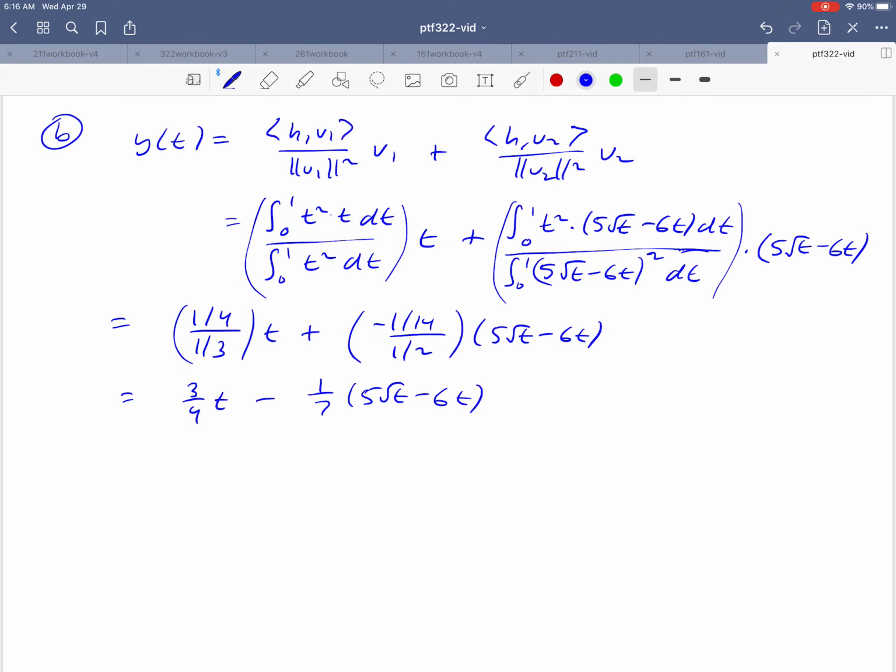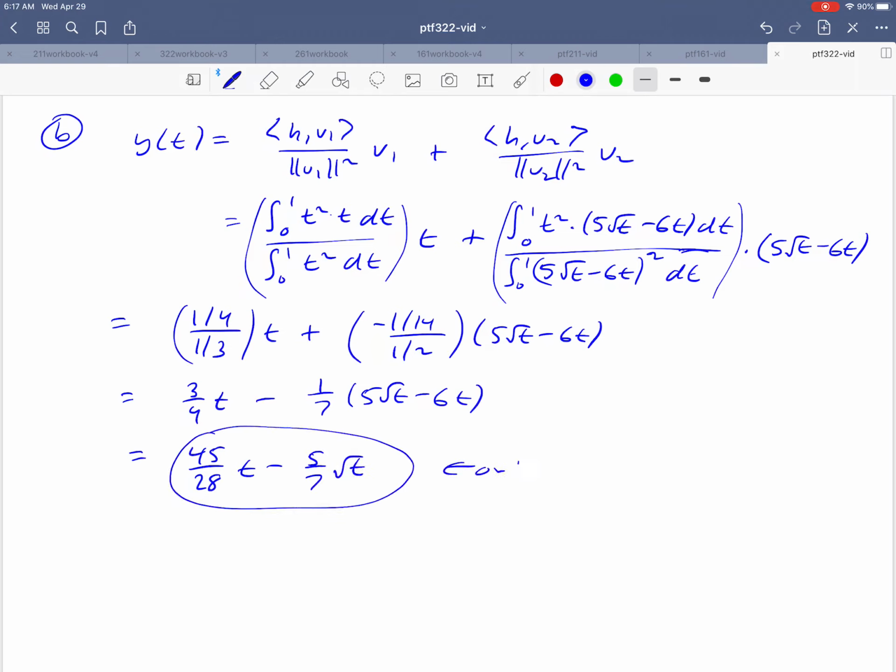Okay, and if you wanted to, you could actually leave your answer like that. If you like simplification, you could group like terms together here, and you would discover that this reduces down to 45 over 28t minus 5/7 square root of t.